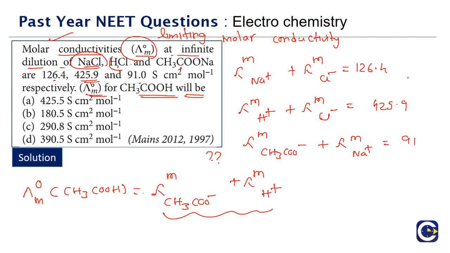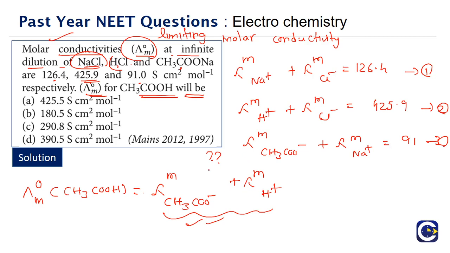Now if you look at these three expressions, let's number them 1, 2, 3. We are looking for the molar conductivity of acetate ions plus the molar conductivity of the H plus ions. Now the chemistry part of it is over. It's now basic mathematics.